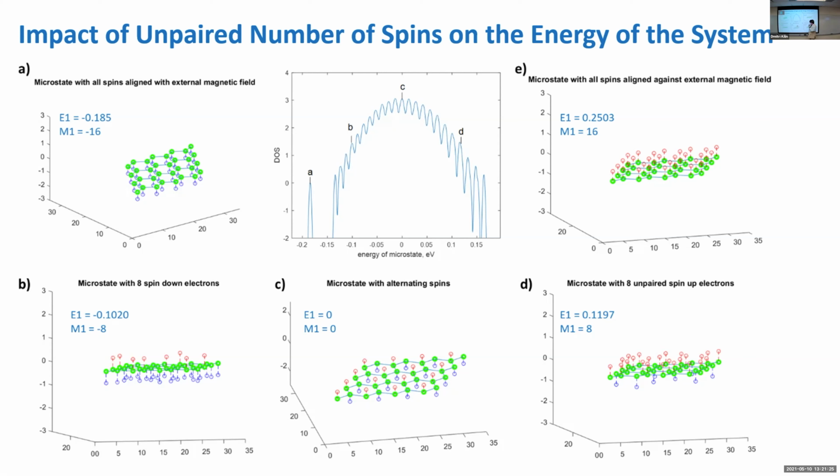Crystal, you have a peak A in panel A when all spins are downwards. In other situations, the microstate with all spins downwards will not be the minimal energy state, but something different. Can you please comment on that?